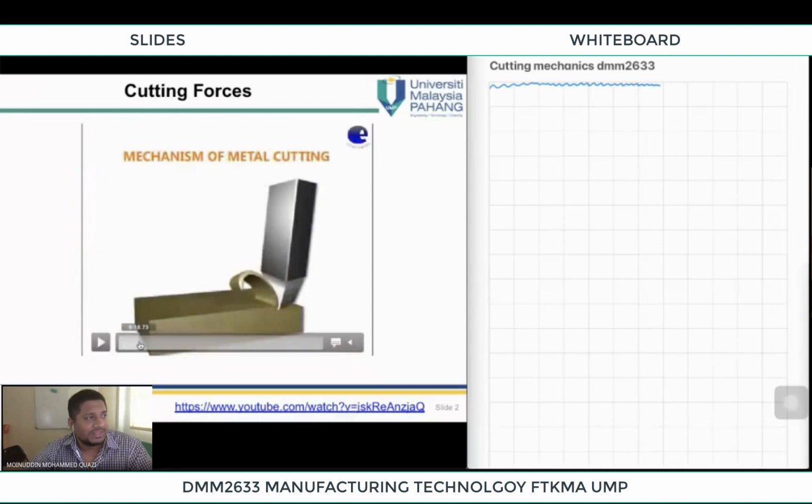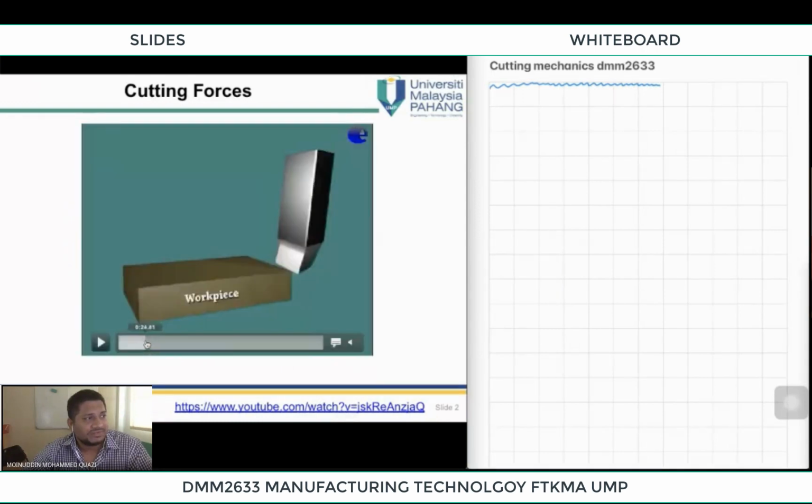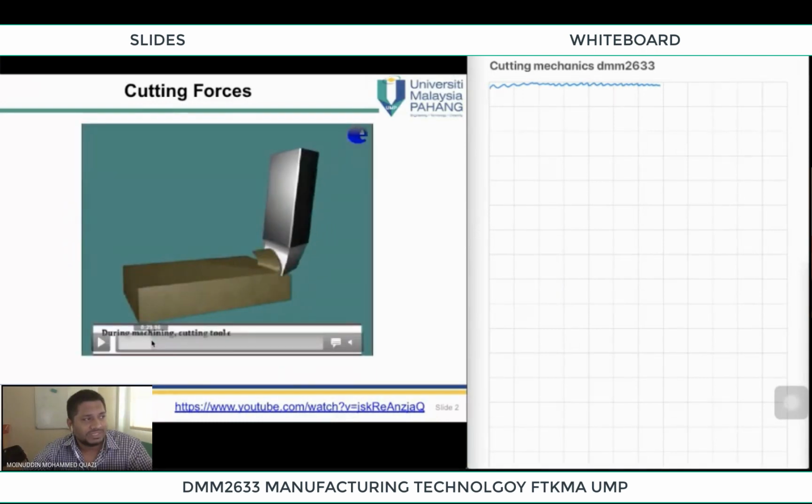Here you can see that once the tool touches the workpiece, it touches the workpiece at a certain depth. This depth is called depth of cut, DOC. When the tool approaches and removes the material at a certain depth, it produces a chip also having a certain thickness.